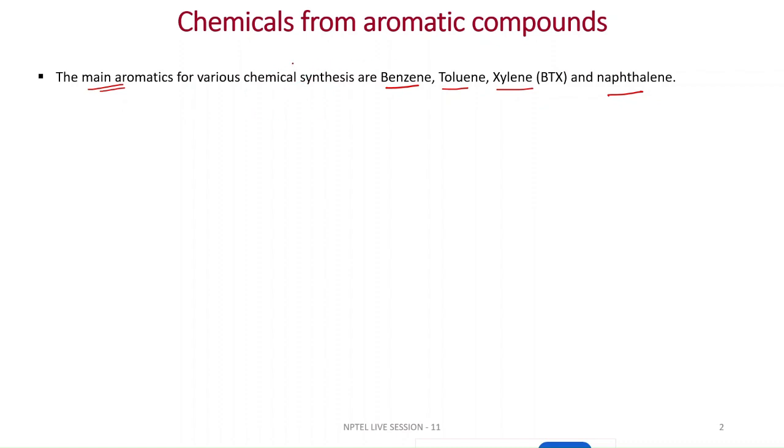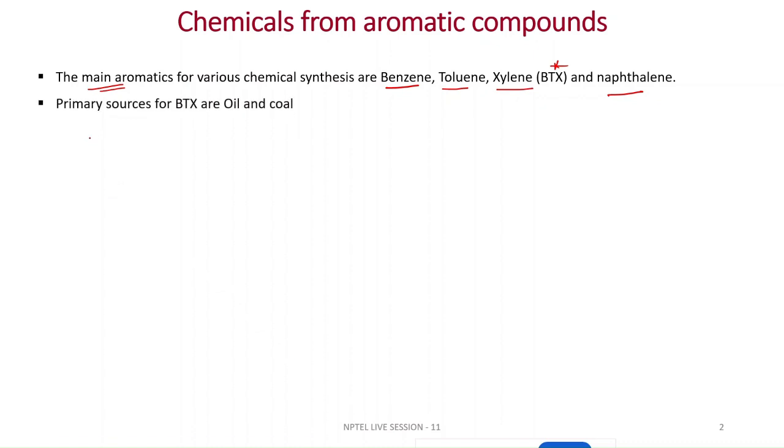You can say that these are the king components. We can derive a lot of other chemicals, a lot of other aromatic compounds out of this benzene, toluene, and xylene. So this BTX is a very important term in terms of the whole lot of aromatic compounds.